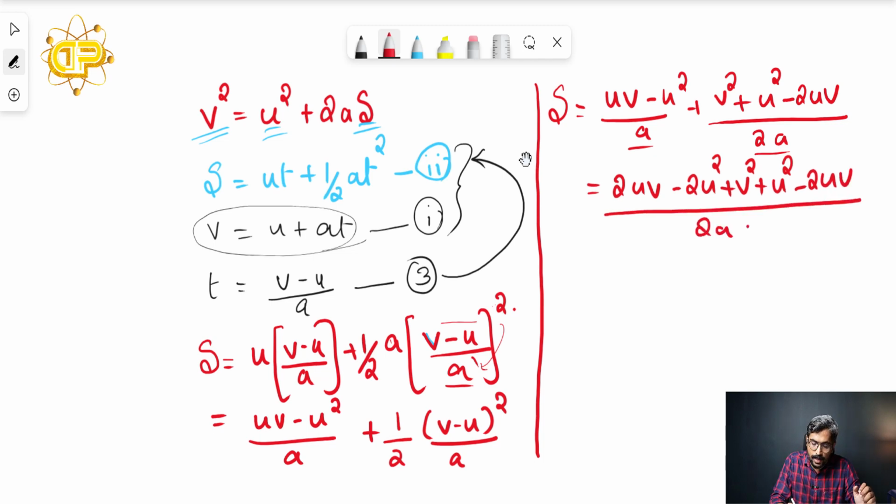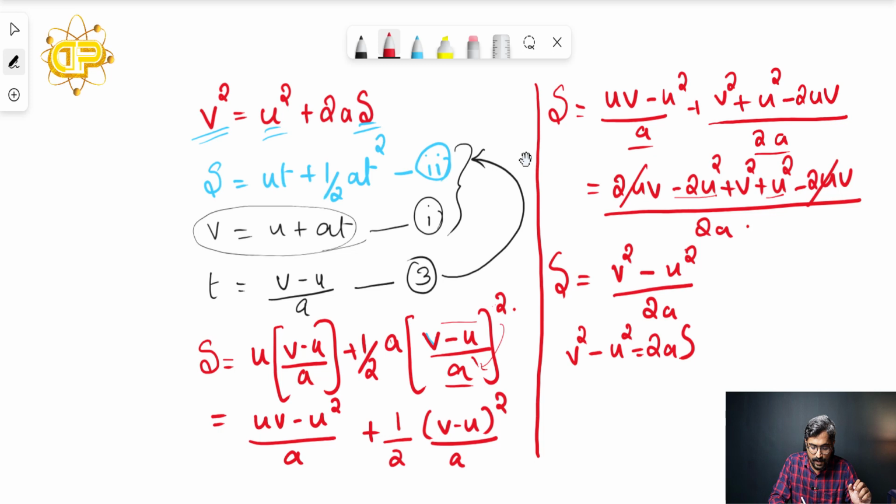Then 2uv and minus 2uv cancel out each other. Then what will you get? v square, minus 2u square plus u square is minus u square, by 2a, that is s. So from there you will get v square minus u square is equal to 2as.